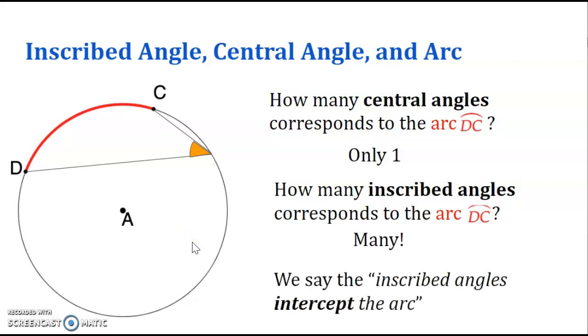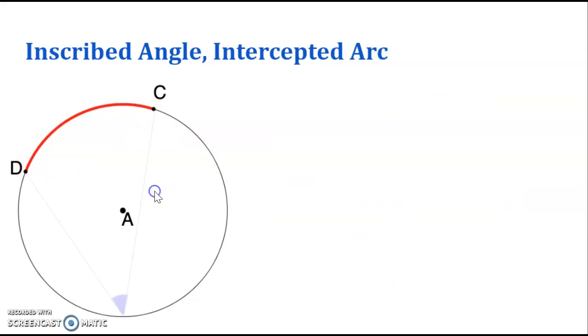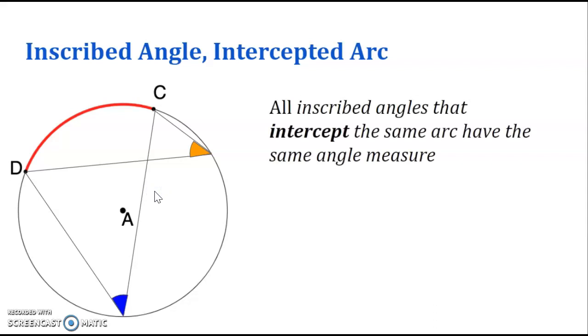We say that an inscribed angle intercepts the arc. Given the inscribed angle and intercepted arc, all inscribed angles that intercept the same arc have the same angle measures.